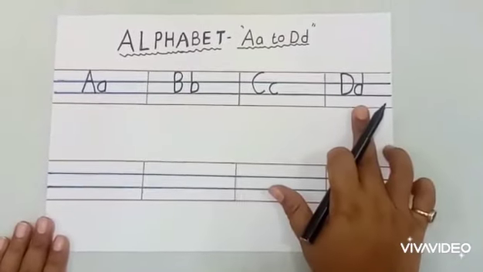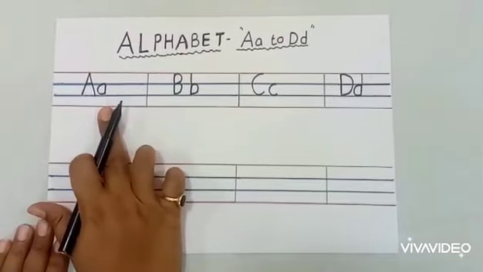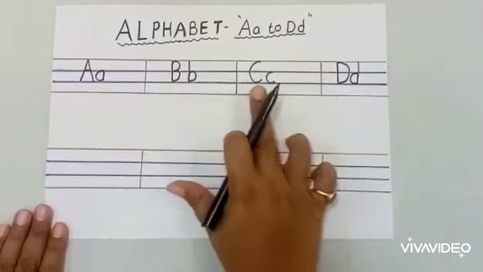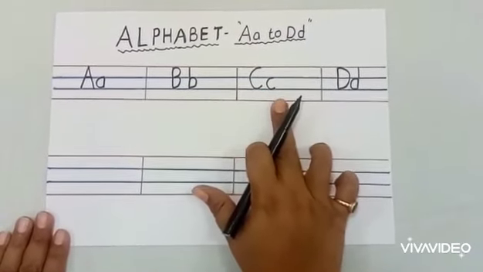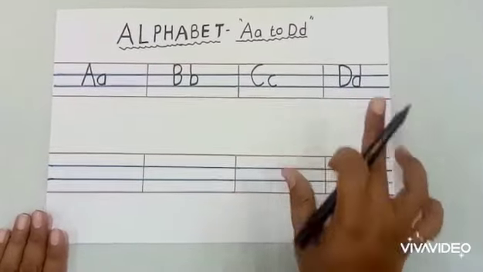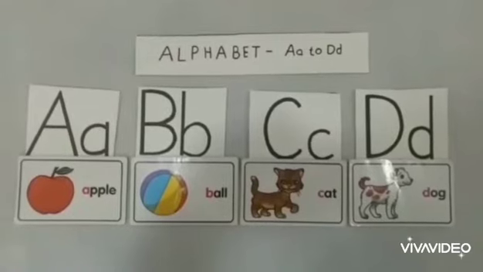Capital D, small d. Now let's revise. Capital A, small a. Capital B, small b. Capital C, small c. Capital D, small d.